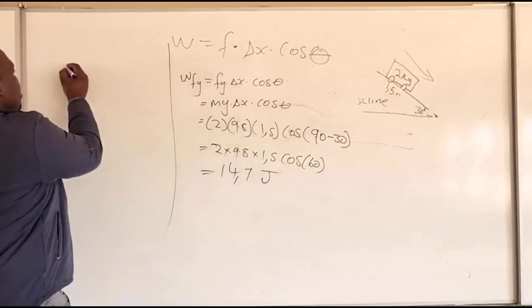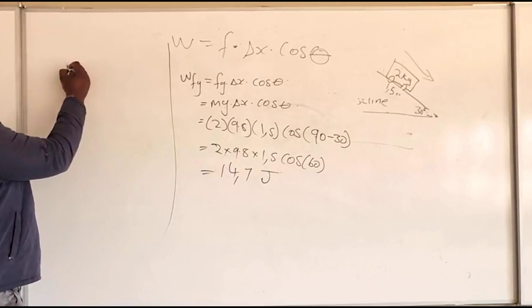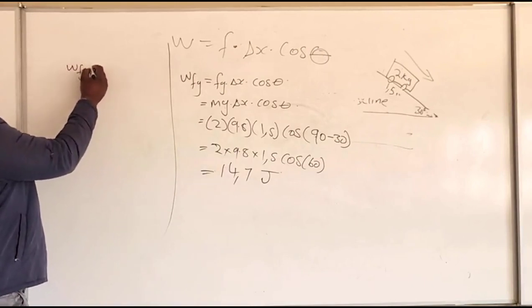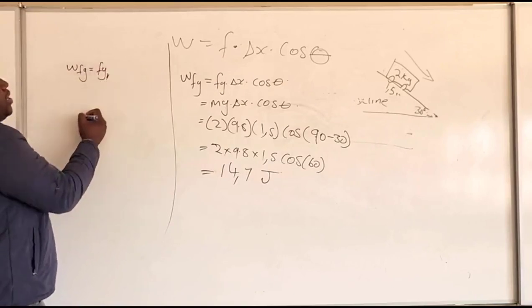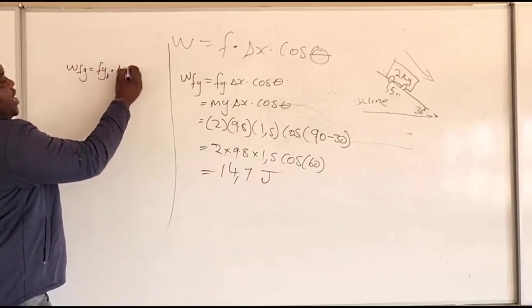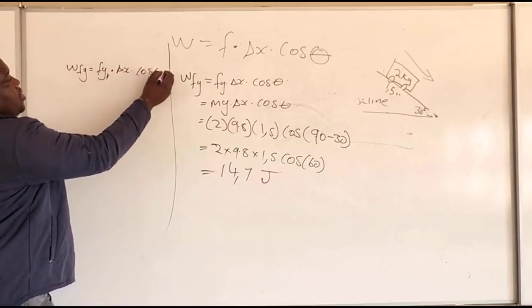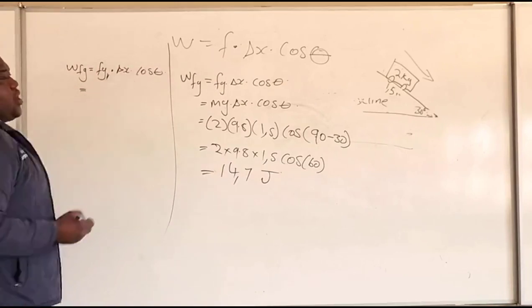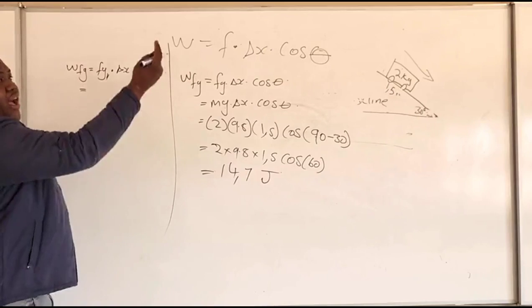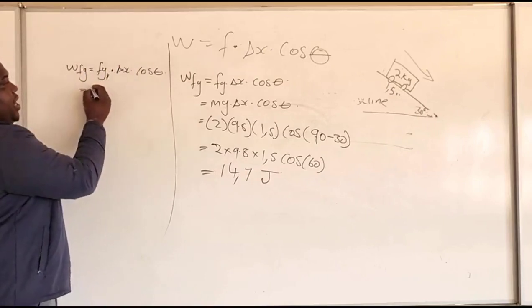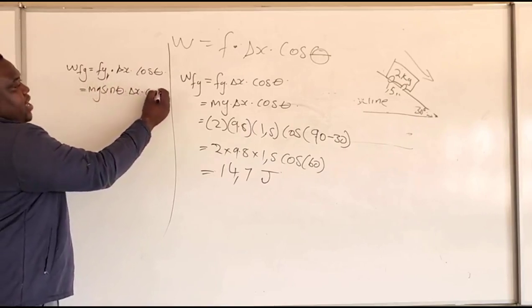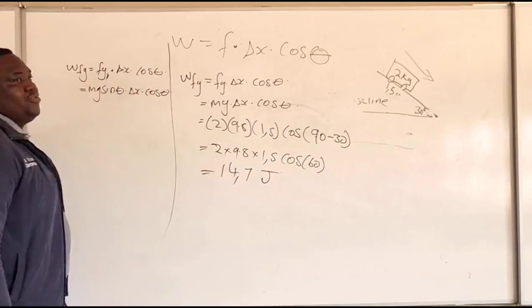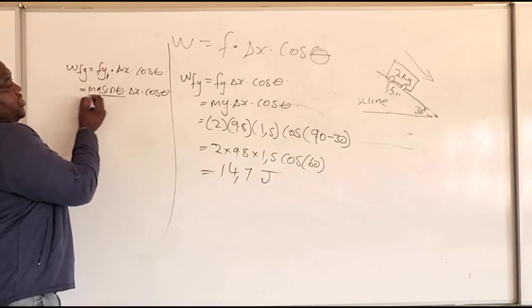So we're going to say work done by Fg is equal to Fg parallel, then delta x cos theta. The question now is how to calculate Fg parallel. I showed you initially. For Fg parallel, we will have mg sine theta, delta x, then cos theta. That's how we move. You can see this is Fg parallel.